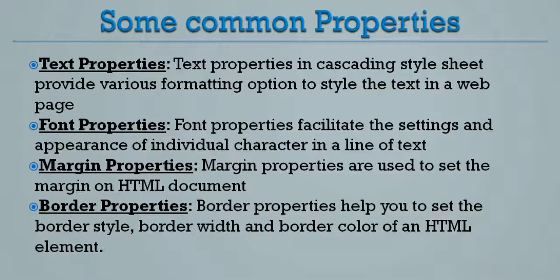Okay, next, that is the font properties. Font properties facilitate the setting and appearance of individual characters in a line of text. Means with the help of font properties you can set the size and change the font color for your text.